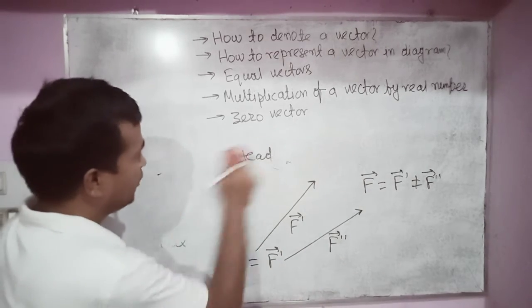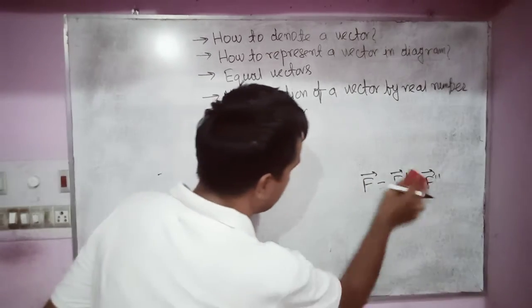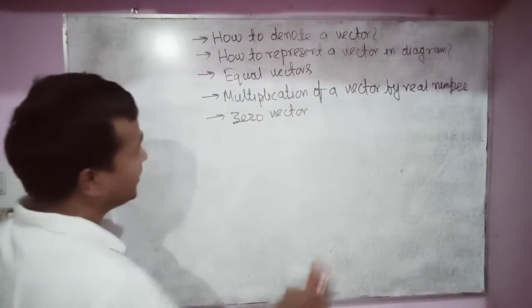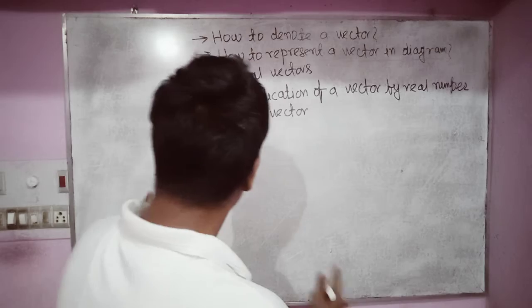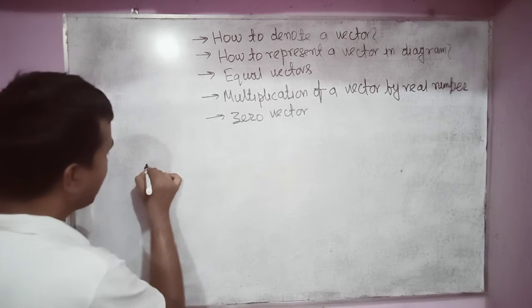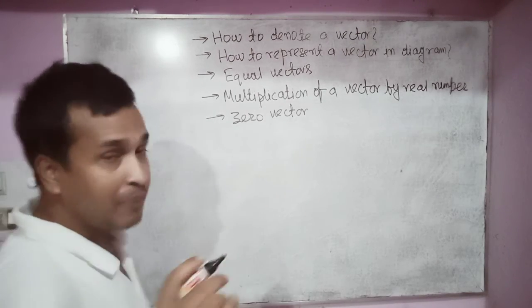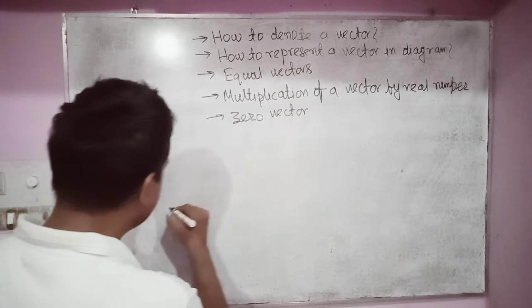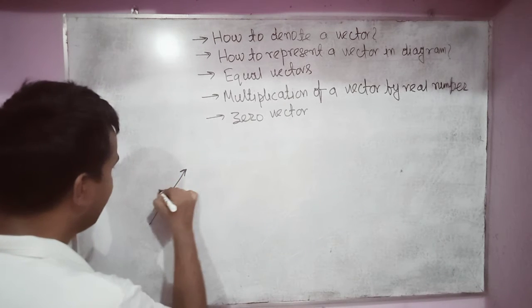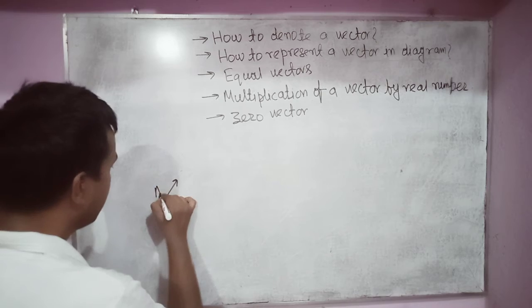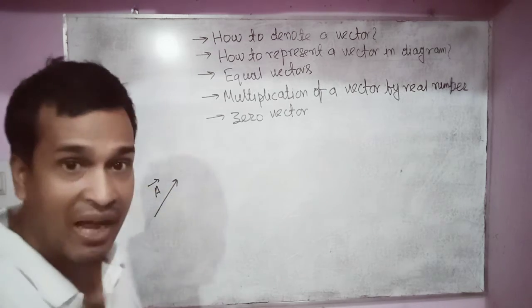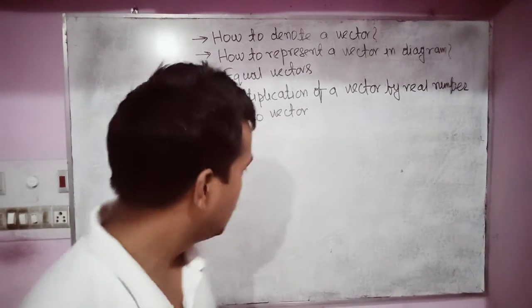Now we come to the fourth topic, multiplication of a vector by a real number. First of all, we see multiplication of a vector by a positive number. Let this be a vector A, and we multiply it by a real number 2.